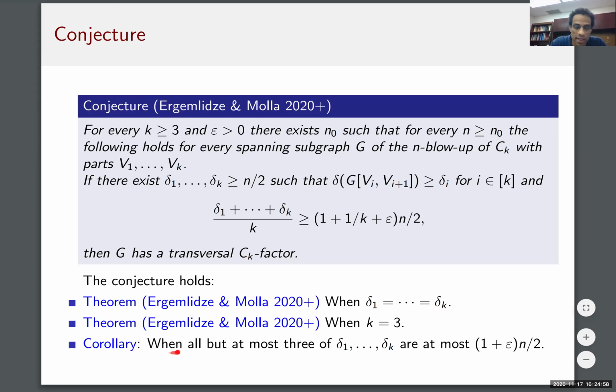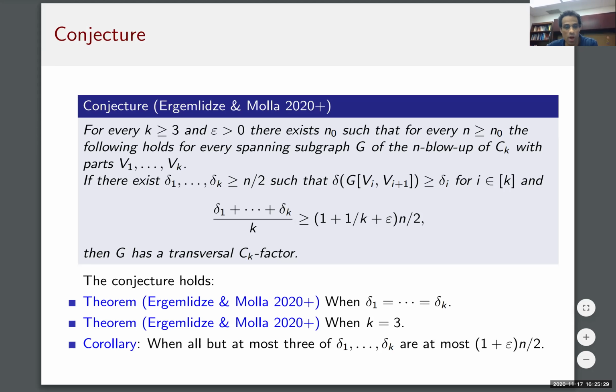It's not too hard to see that this conjecture actually holds when all but at most 3 of these minimum degree conditions are very small. So this is like the case where most of them are small and only a few of them are large, right? Only at most 3 of them are big, the rest are small. That's one way to think about it.